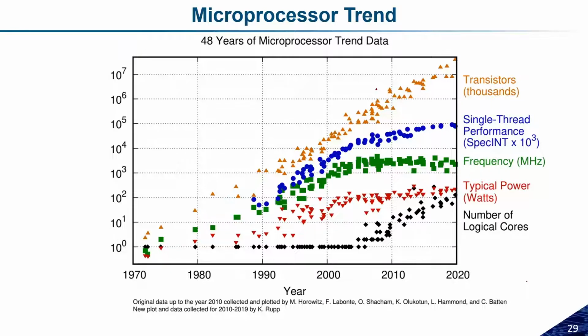So these are all the parameters, and this particular graph gives you the trend of the processors in these different parameters.